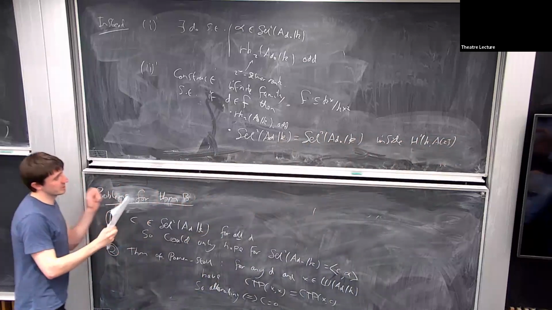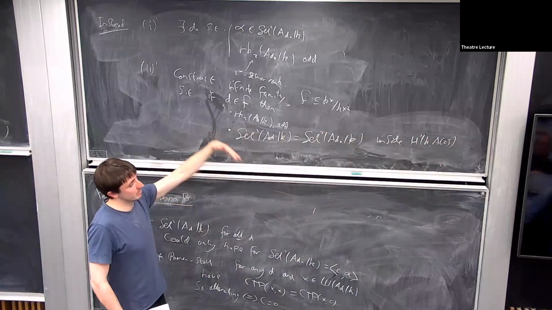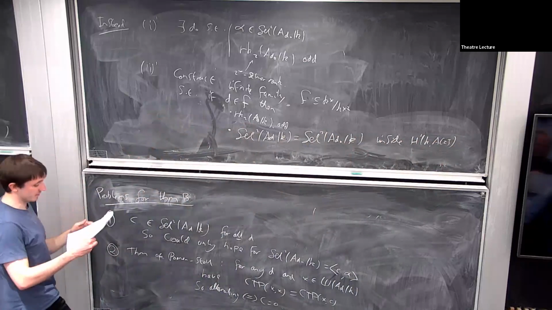So you have a whole bunch of twists where the two-Selmer group is unchanging, but you might expect that the Cassels-Tate pairing on the two-Selmer group is changing inside this family.